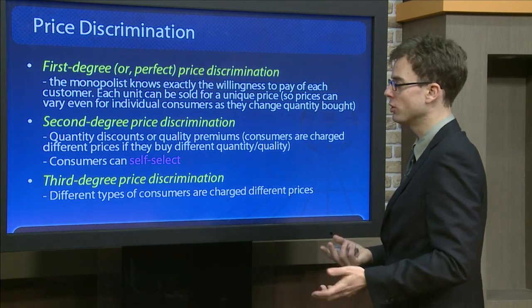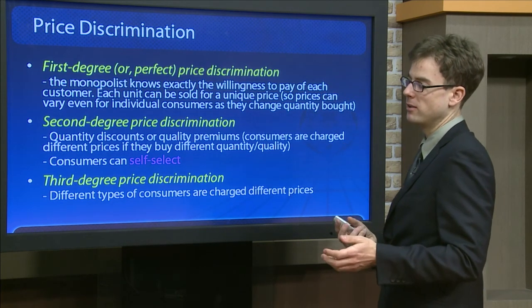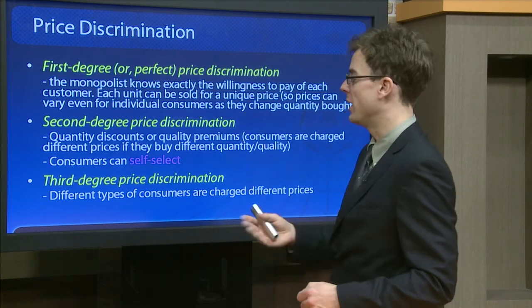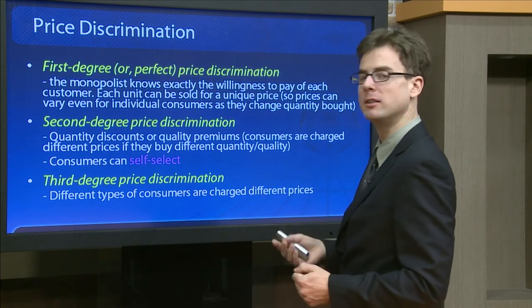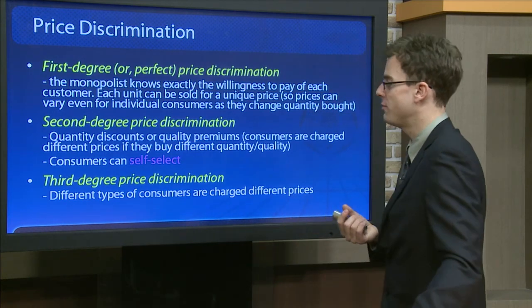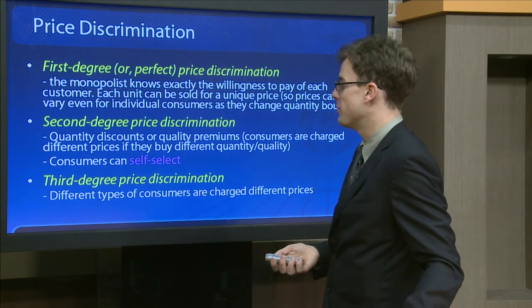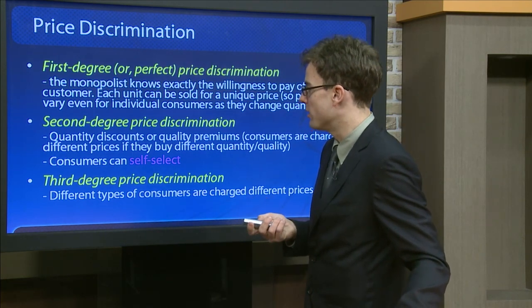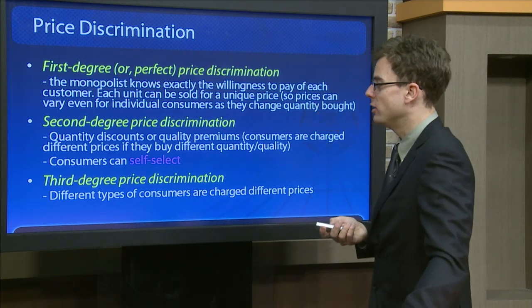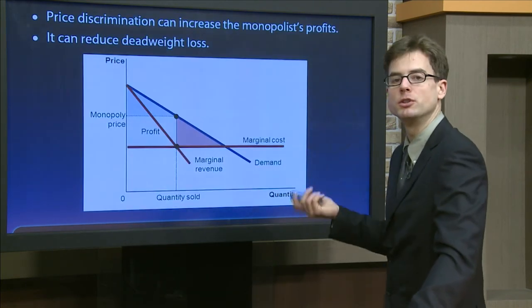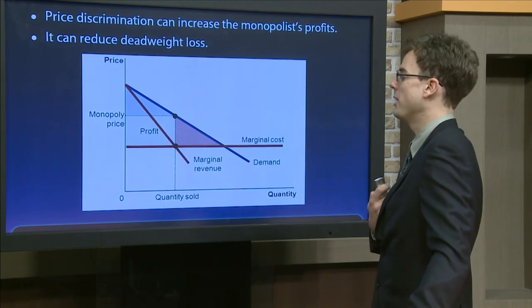In the real world, you can think that sometimes men and women face different prices, children and adults face different prices, and these are situations when the monopolist can charge different prices to different consumers based on consumers' different willingness to pay.